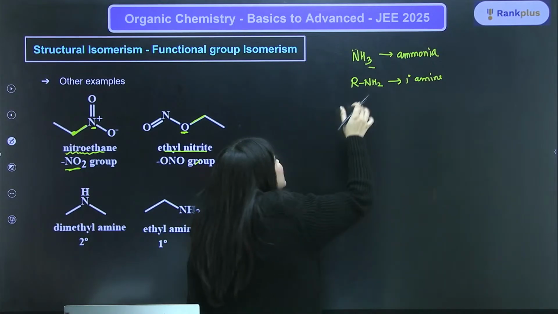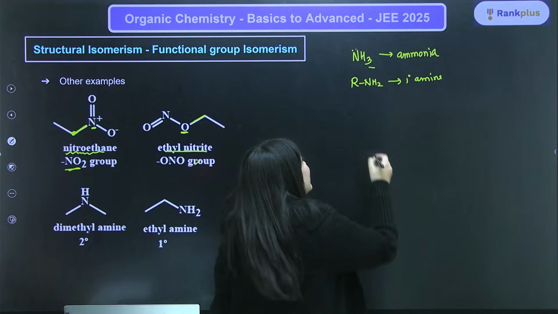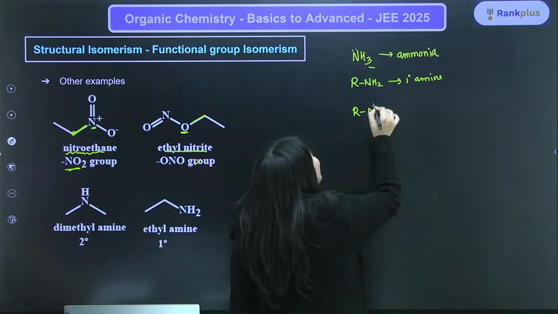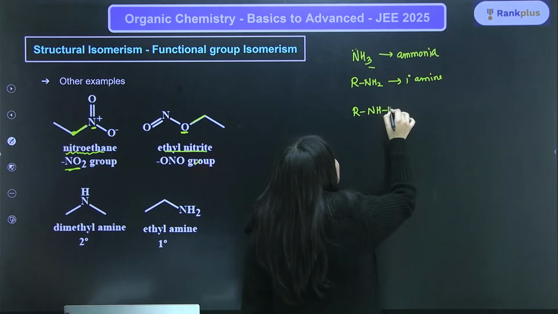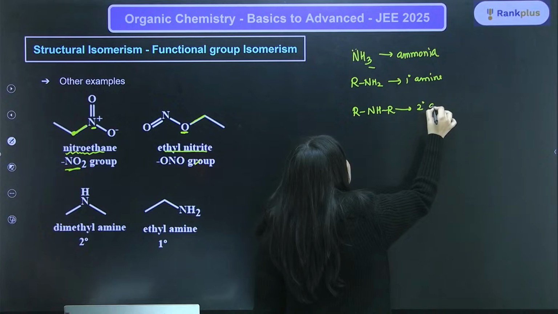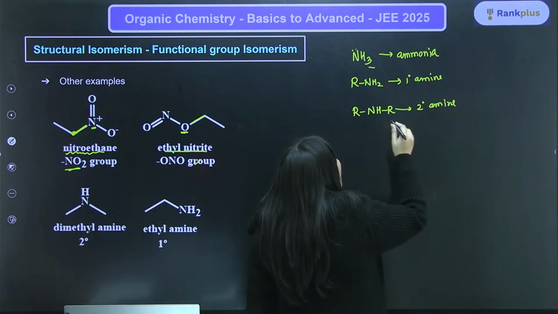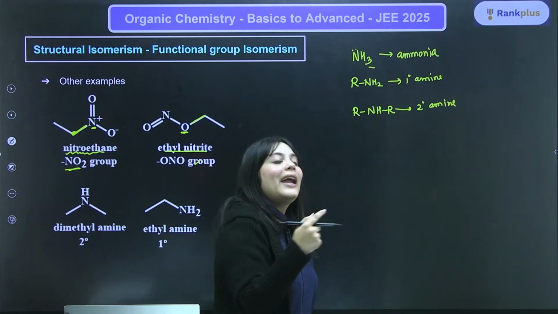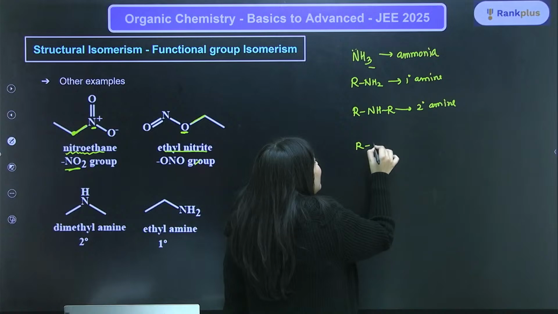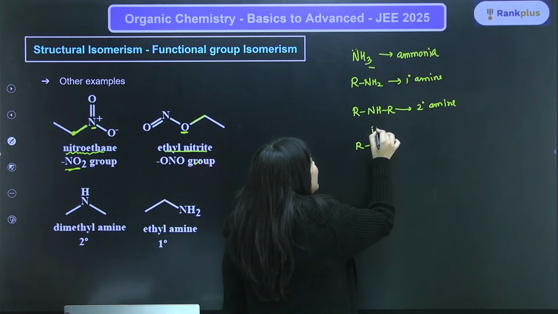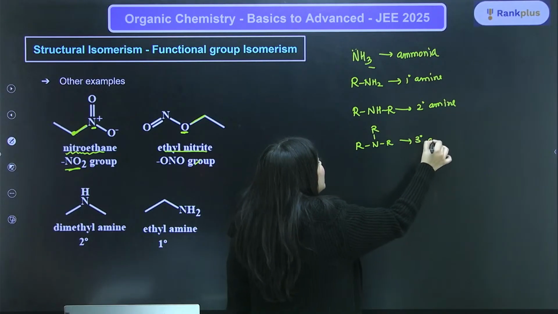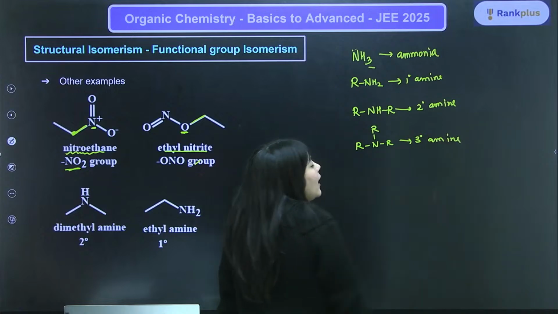When I replace another hydrogen, for example, I've replaced 2 hydrogens of ammonia, it becomes RNHR, which means it is secondary amine. Now, if I replace all the 3 hydrogens, then it becomes tertiary amine. This is called tertiary amine. Understood this thing?